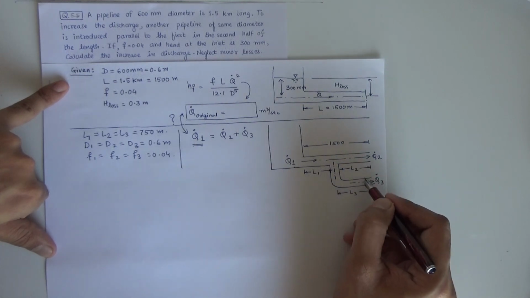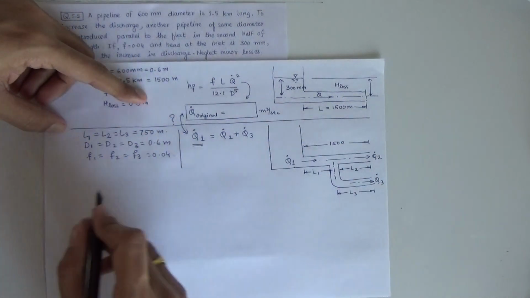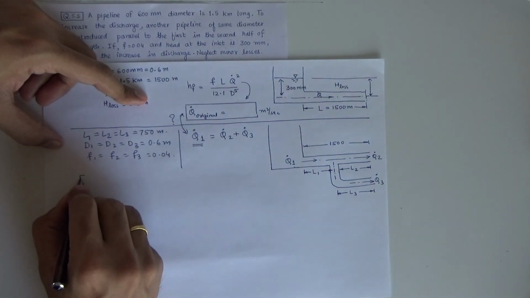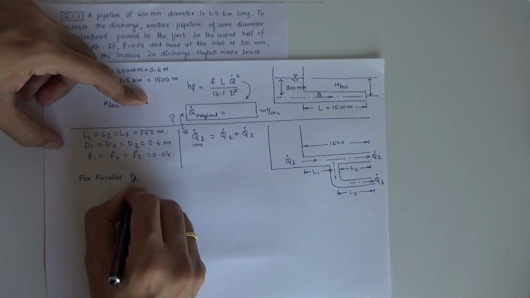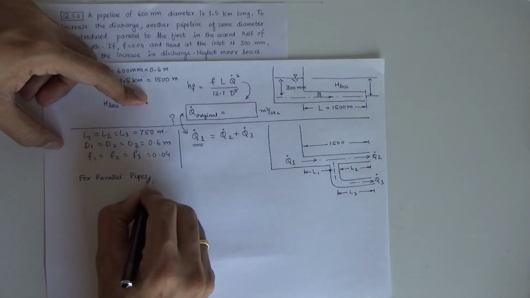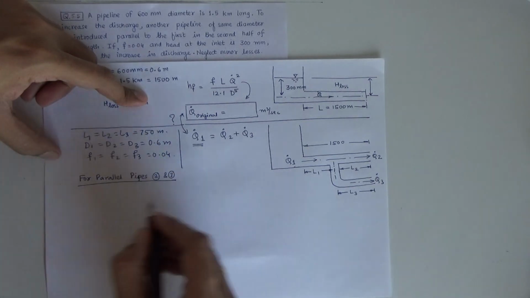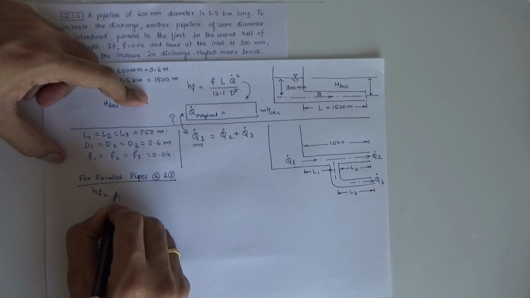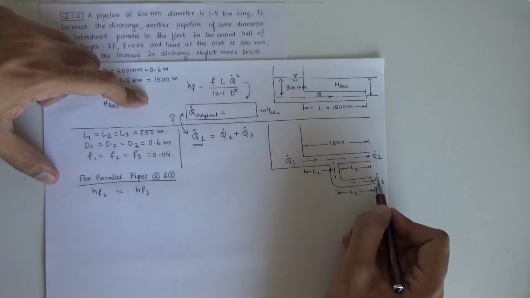So for parallel arrangement, head loss remains constant, HF2 equal to HF3. Pipes 2 and 3 are in parallel to each other, so HF2 will be same as HF3. This will give you some relation between Q dot 2 and Q dot 3.